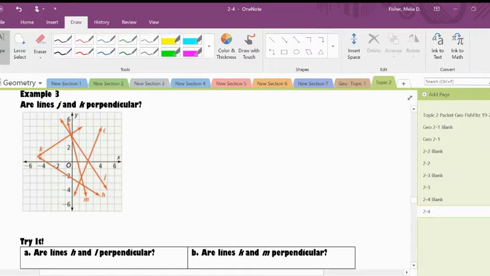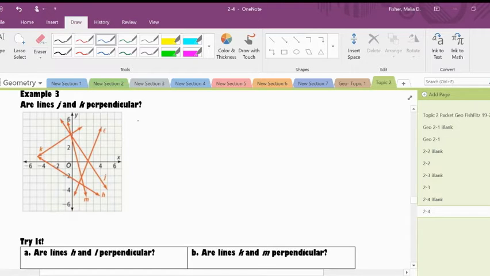So of course, our step 1 is going to be to identify the slopes. In the last one we just counted. In this one, let's go ahead and look at points and find that.